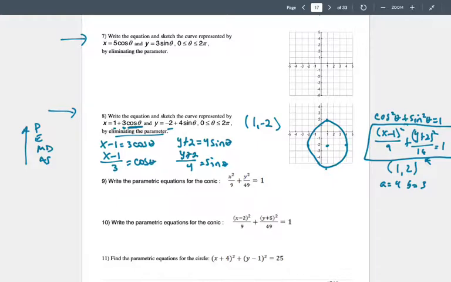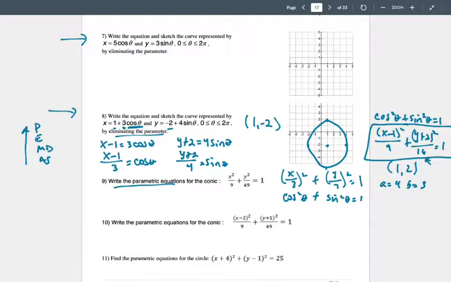All right, on number 9, they want us to write the parametric equations. We have the rectangular equation. So what you're going to do is, again, think of that Pythagorean identity. That was x over 3 squared plus y over 7 squared equals 1. Remember, our Pythagorean identity was cosine squared plus sine squared equals 1.